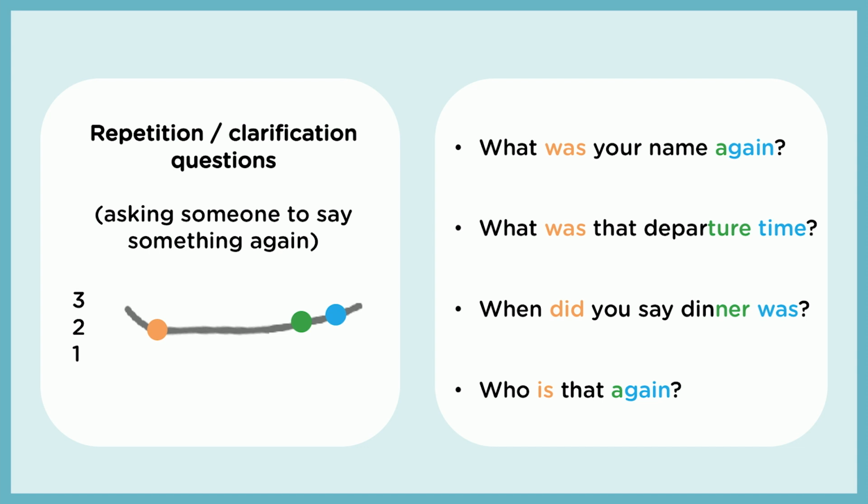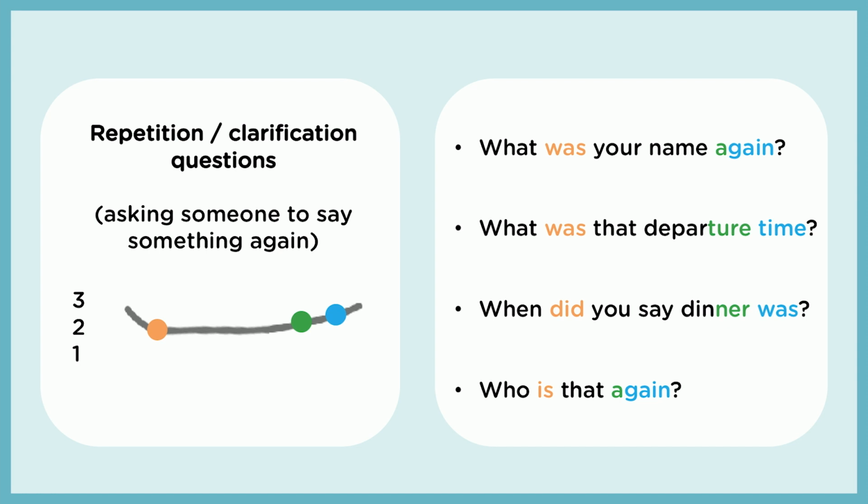So with this pattern, we start with our voice at a medium level, then we bring it down. What was your name again? What was that departure time? When did you say dinner was? Nice. Who is that? Sorry. That's all good. Who is that again? So this is the pattern.